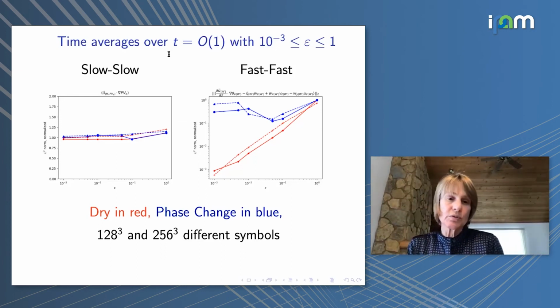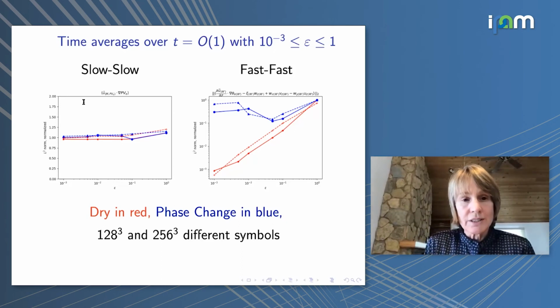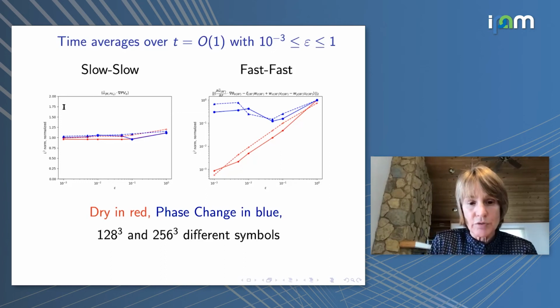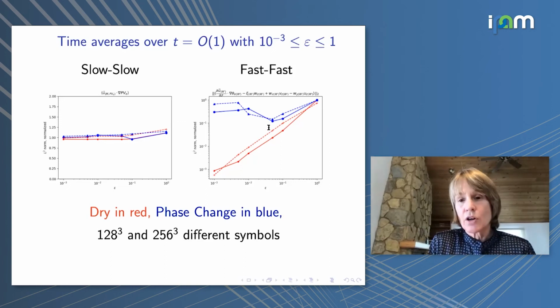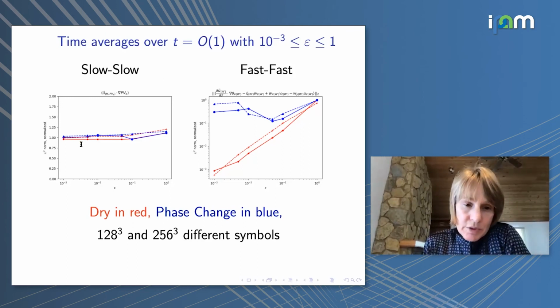And I'm showing you two different types of terms. On the left is the amplitude of slow coupling terms in the equation for PV as a function of epsilon varying from 1 to 10 to the minus 3. And then on the right are some fast coupling terms, again, in the equation for PV. And we've got dry simulations here in red, phase change simulations in blue, and there are two different symbols for two different resolutions, just to give you some confidence that these are becoming well resolved.